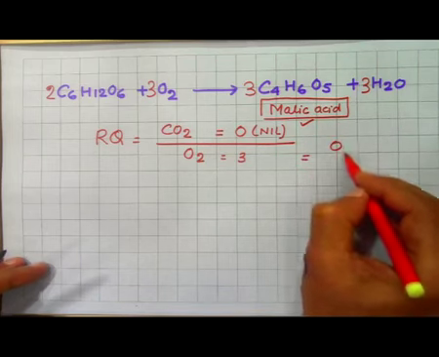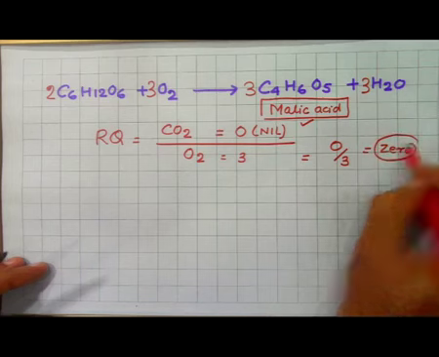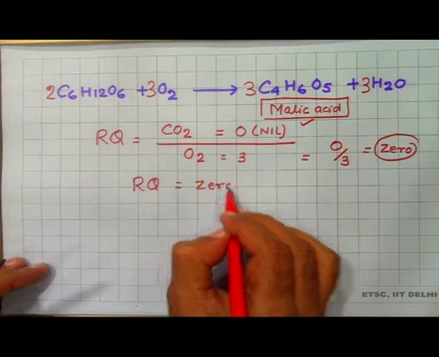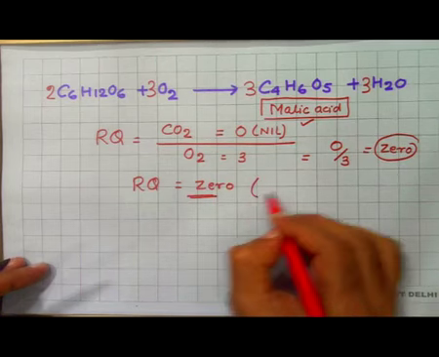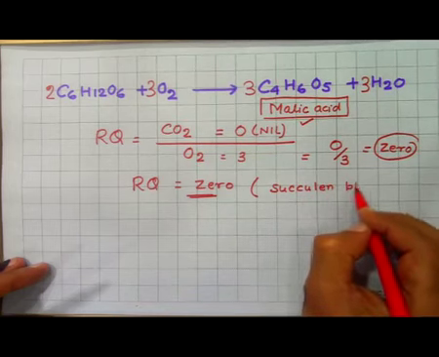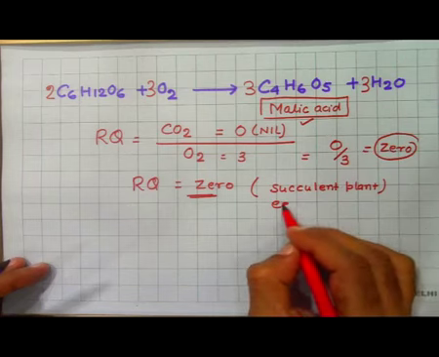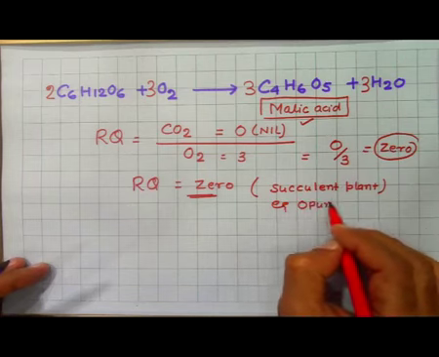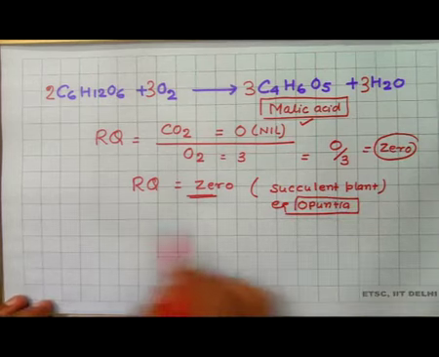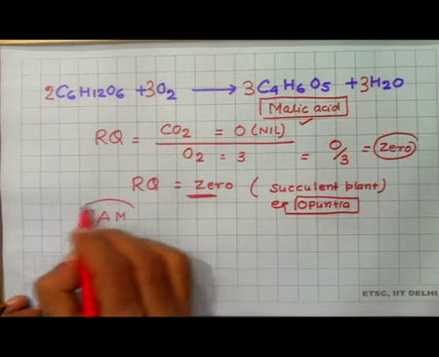It means 0 divided by 3, which is 0. When the RQ value is 0, it will be a succulent plant, for example Opuntia. We have already discussed this succulent plant in the CAM pathway in photosynthesis, crassulacean acid metabolism pathway.